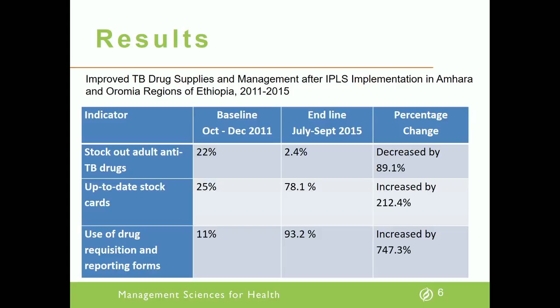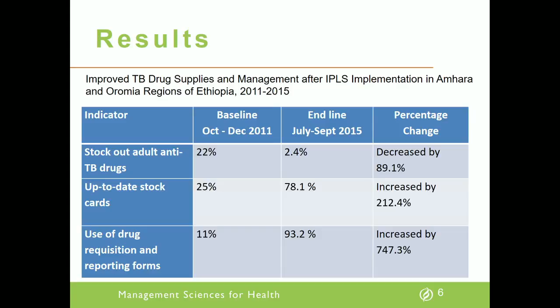Up-to-date stock cards used to be around a quarter at the beginning, and recently almost 4/5 of our health facilities are regularly updating their stock card. In the first year of our project, only 11% of the facilities were using the internal requisition form, but by the end of our project, almost 94% of them are using the requisition and reporting forms properly.